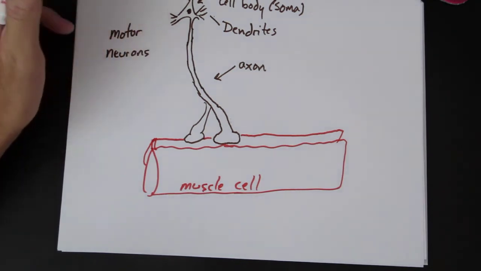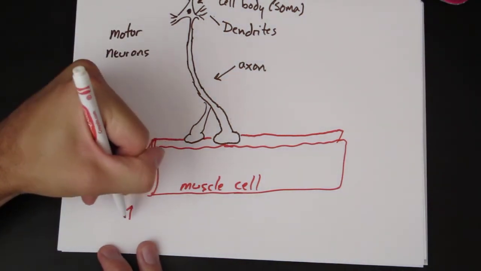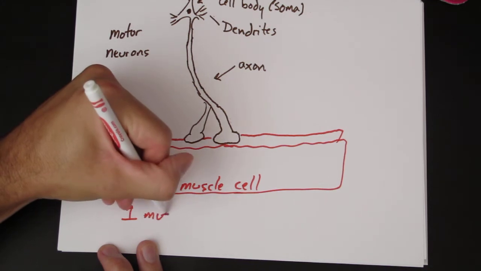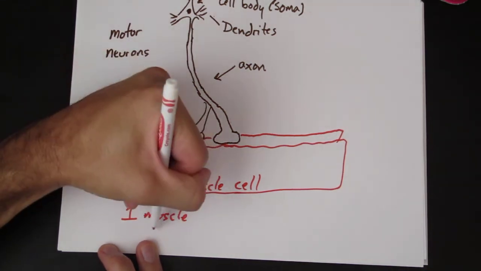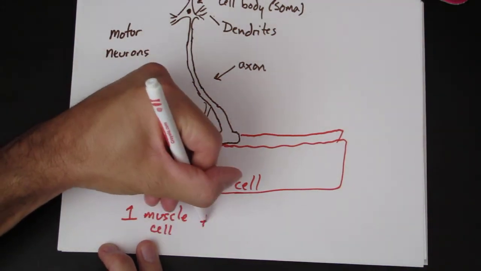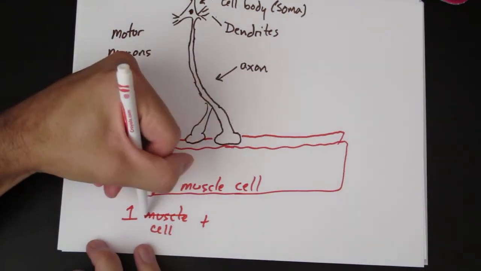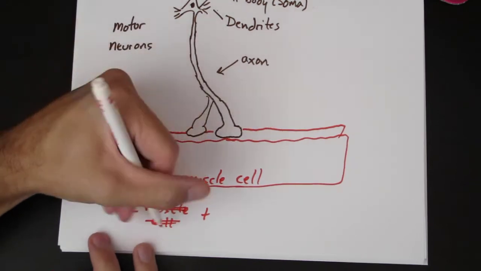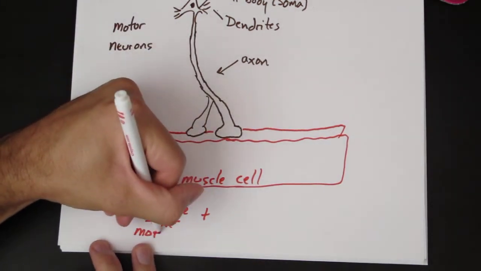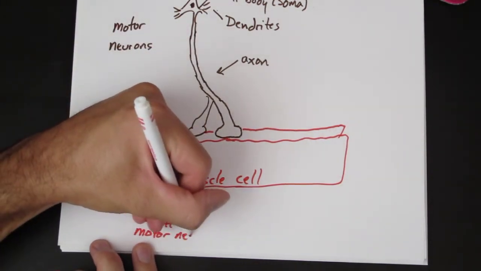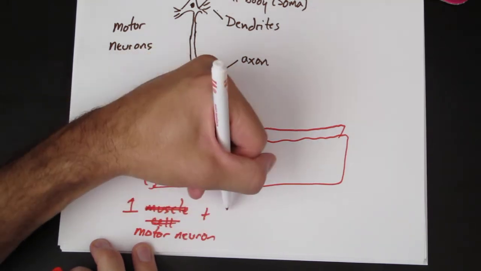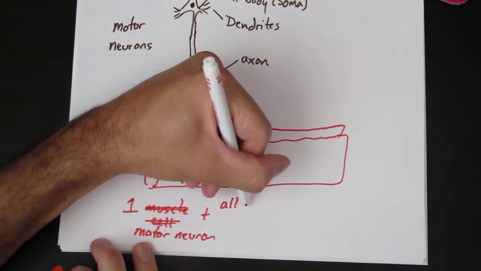When we have one muscle cell plus all of, I screwed up. I'm really sorry about that. We have one motor neuron plus all of the muscle fibers that it innervates.